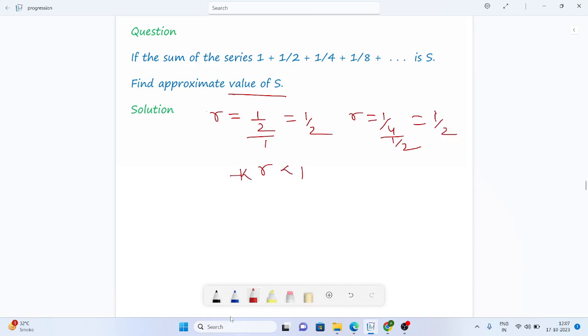The sum of infinite terms of GP is a upon 1 minus r, which is 1 upon 1 minus 1 by 2, which is nothing but 2. So the sum of this series is 2. Note it down and let me know when you are done.